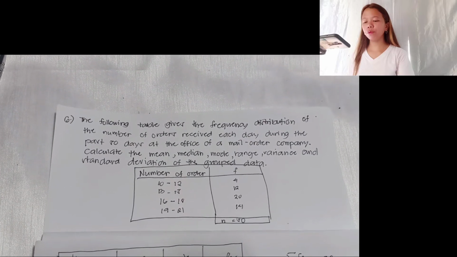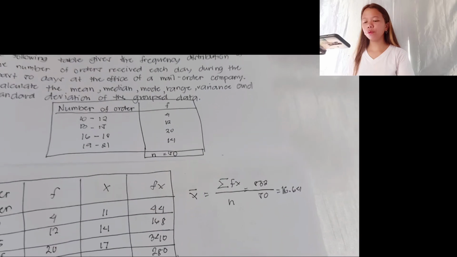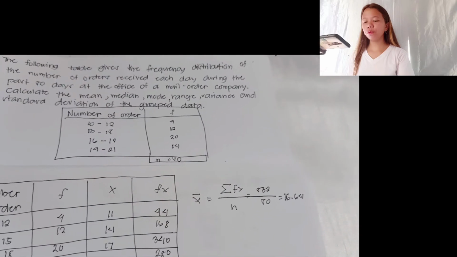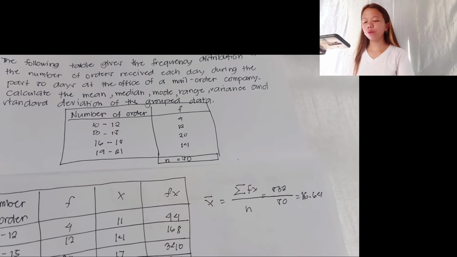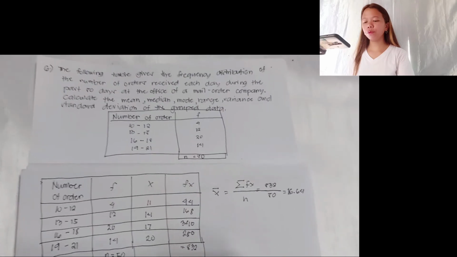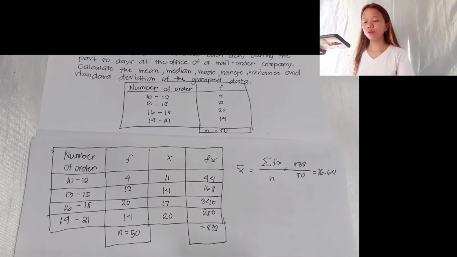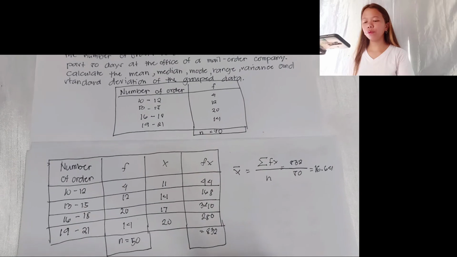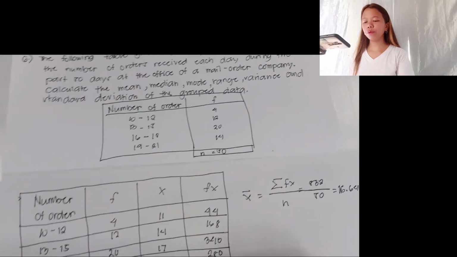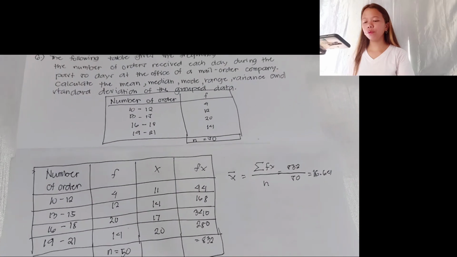So to find the mean, this is the equation. X mean is equal to the sum of fx over n. As we can see here, the total of the multiplied fx is 832.